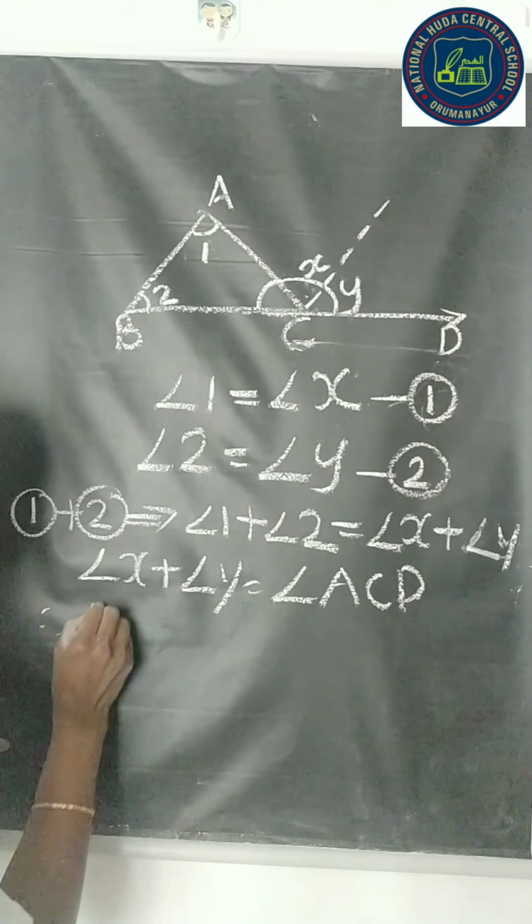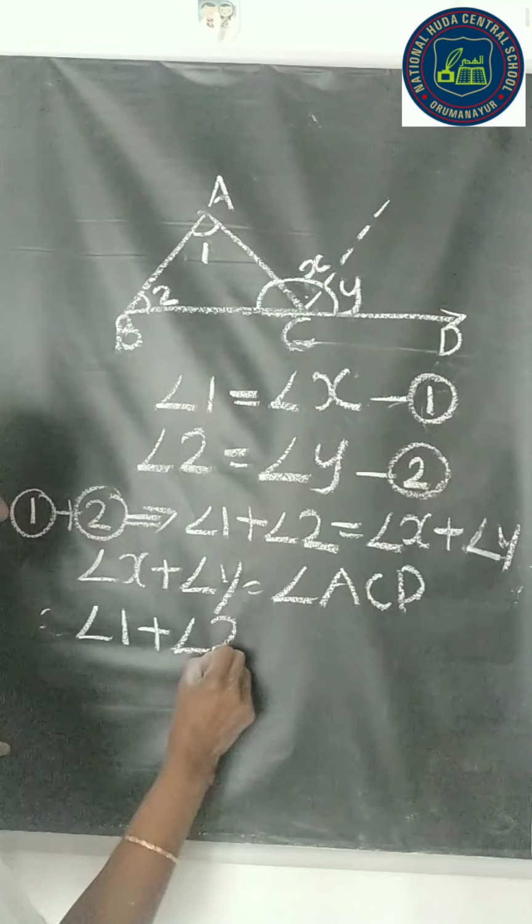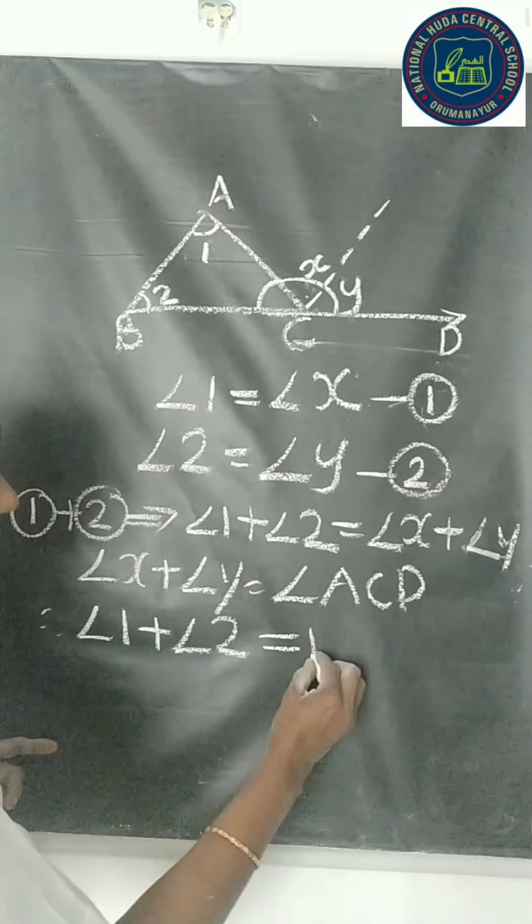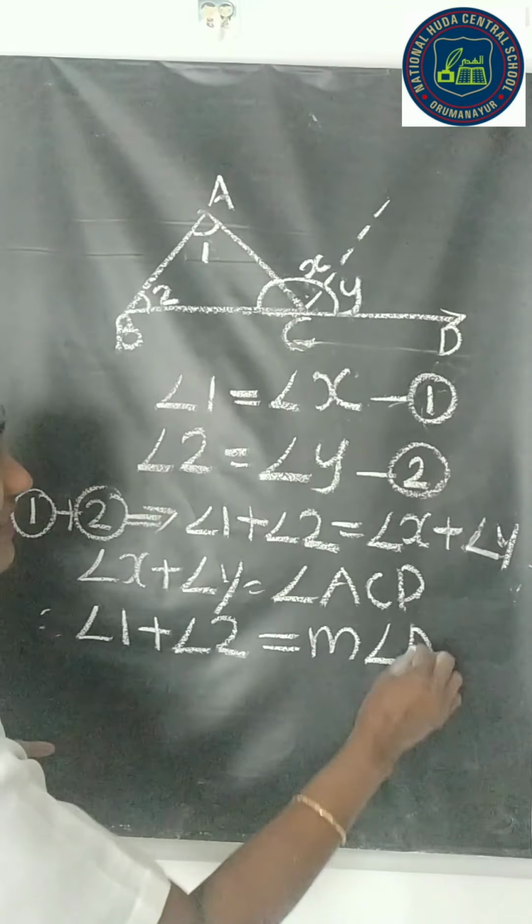Therefore, we can write that angle 1 plus angle 2 is equal to the measure of angle ACD.